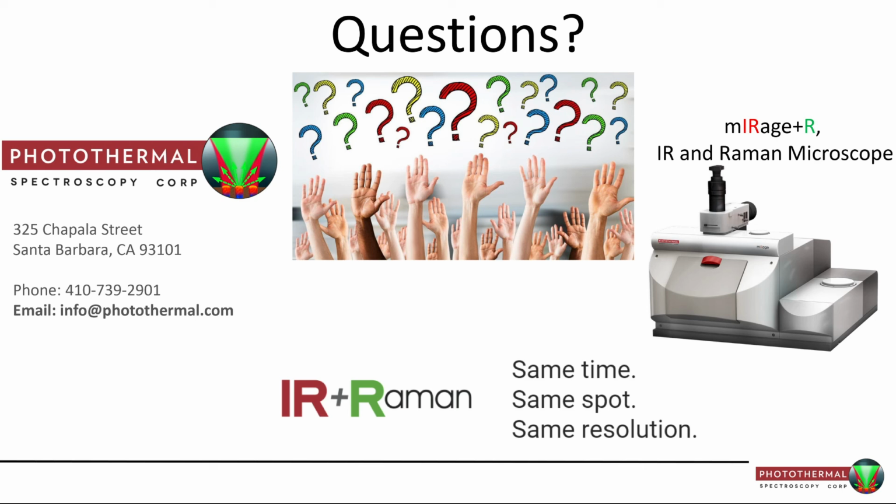So the standard QCLs now do about 1,800 to about 950. They can go down to about 800. But the one that Soleil has, and I think they're unique at the moment, fortunately I think this is after your results were collected, will also now have the CH stretching region, so from about 3,000 to 700.